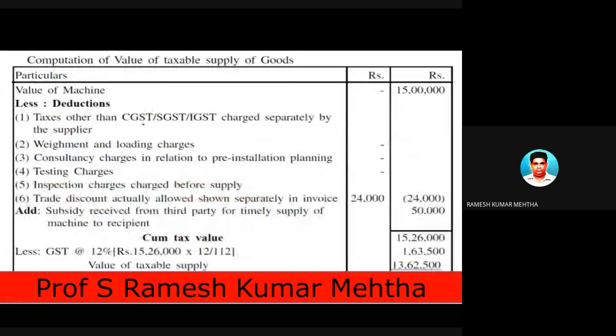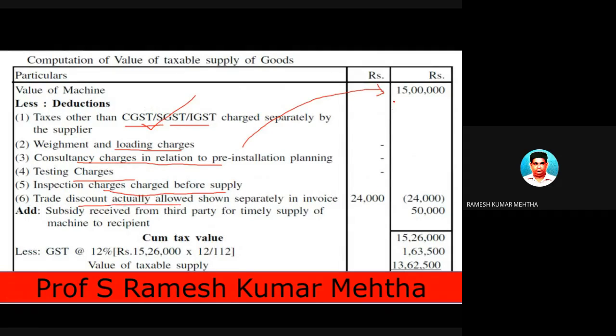So this item, as already told, any expenditure incurred apart from CGST, SGST should be included, and it is included, and as it is already included, we need not do anything. Weighing charges also should be included, it is already included in 15 lakh rupees, so we need not do anything. Consultancy charges, testing charges, and inspection charges are already included, so we should not do anything, just leave them as they are.